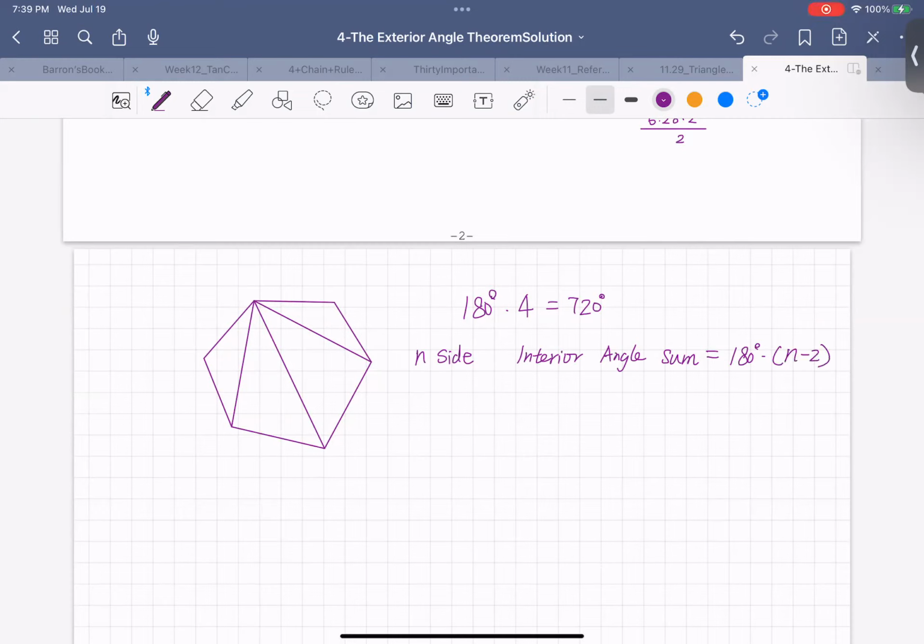Does that make sense? Yes. Okay. So this can be proved. You see, this is 1, 2, 3, 4, 5, 6. You can cut this into 4 triangles. If you have 7 sides, you will be able to cut into 5 triangles. That's why the interior angle summation is always this, correct?